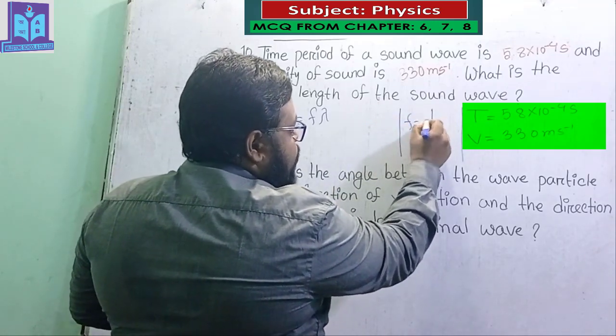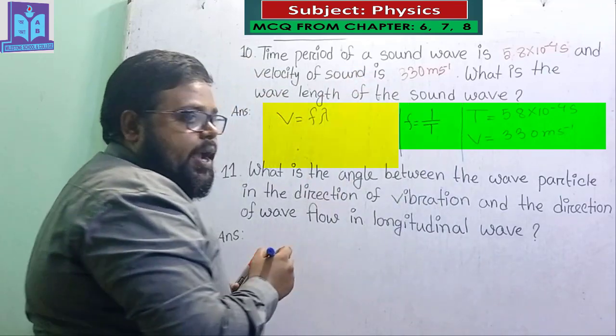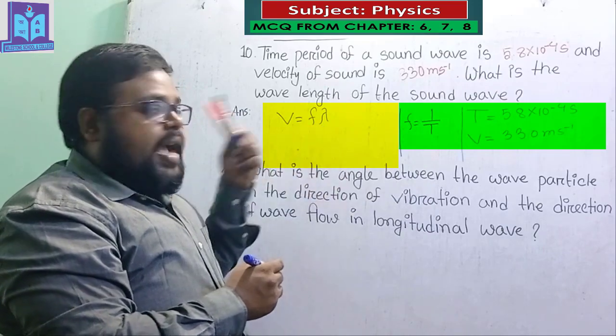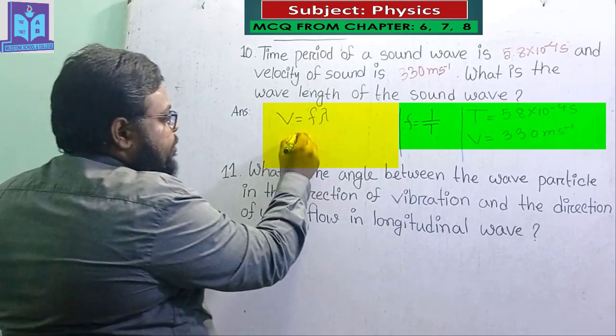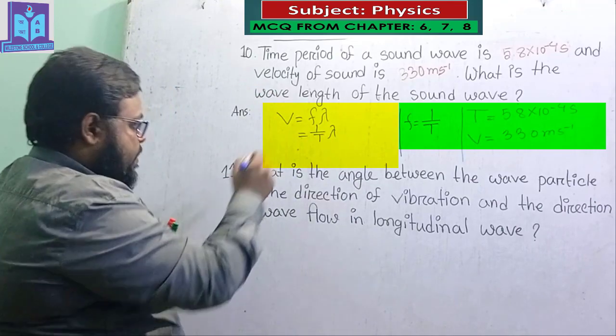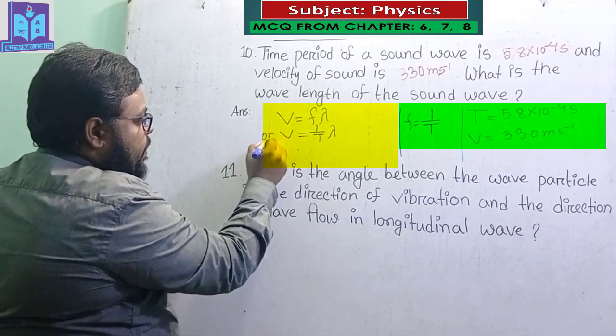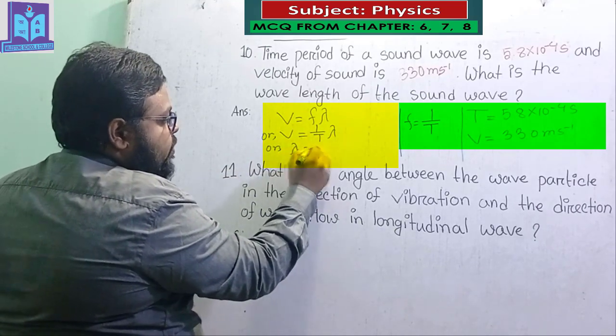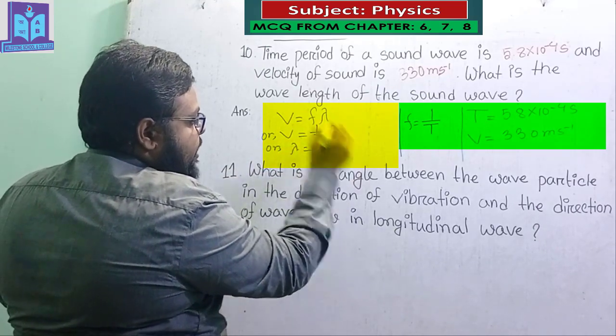Frequency equals 1 by time period. So if I put the frequency in that equation, it will look like this: V equals 1 by T lambda. Now lambda equals V T.